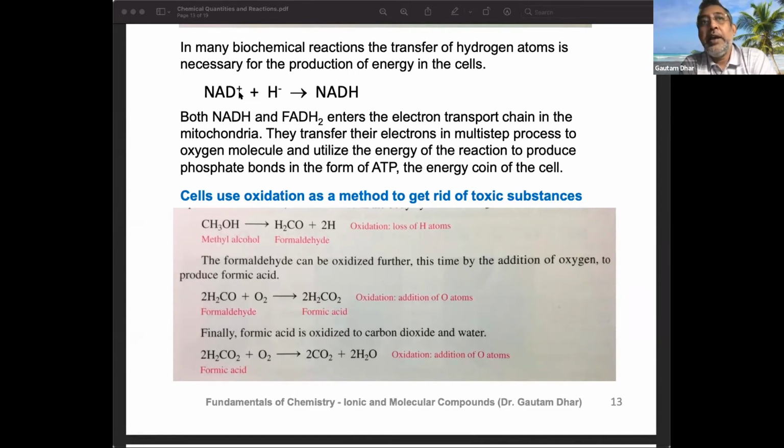What happens is the electron gradually steps down from NADH and eventually gets accepted by oxygen, step by step. So that's why we need oxygen. Oxygen is the ultimate electron acceptor. But as it is stepping down, if you think of the mitochondria, it's kind of double walled like this.